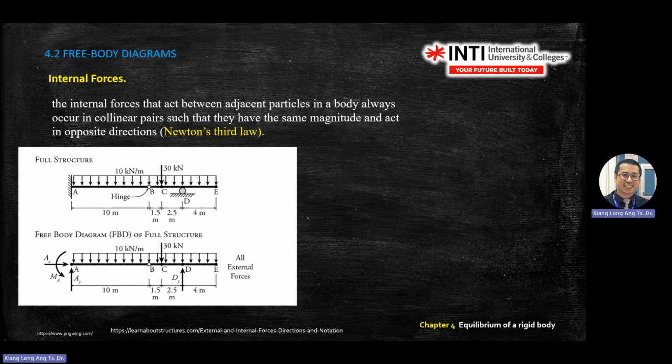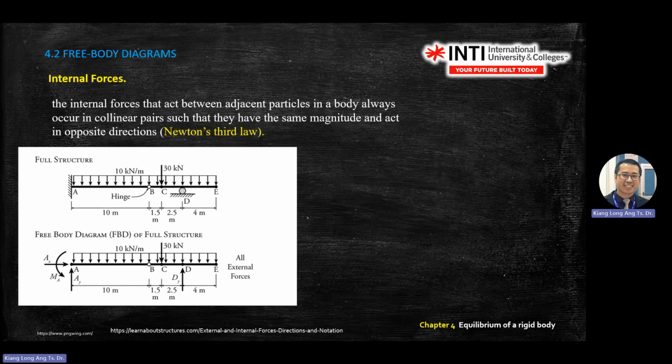Your focus is on this black object. You imagine you are this black object. What do you feel? You see a wall at point A. The wall cannot go left or right, and cannot rotate. So you transform the support reaction at A into AY and AX with the moment.